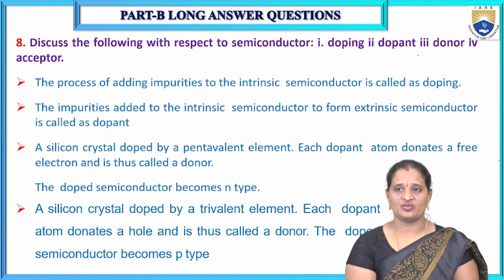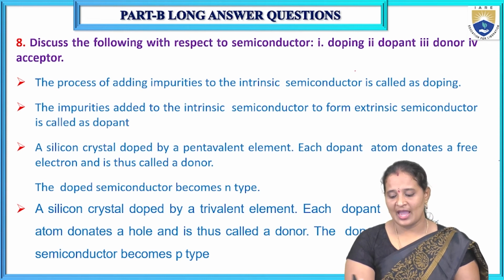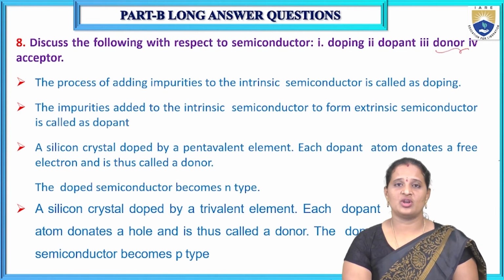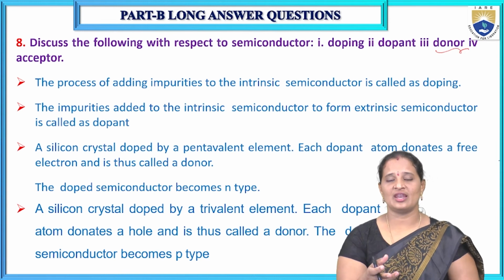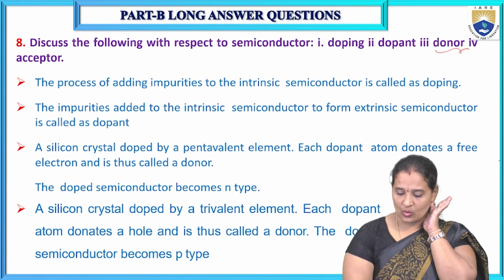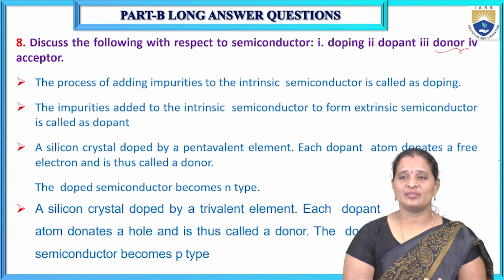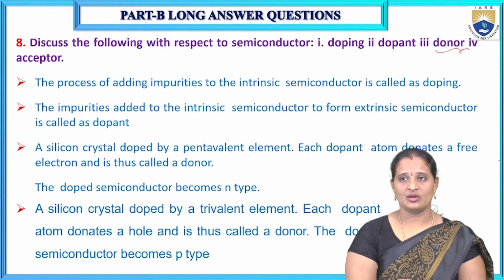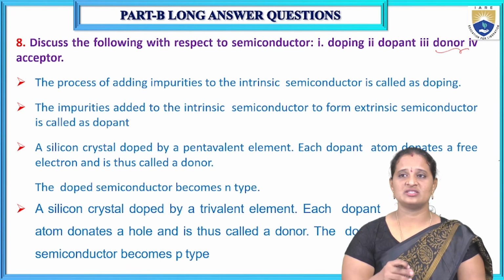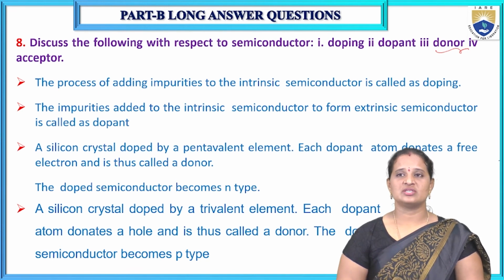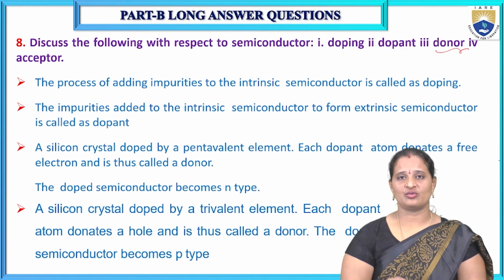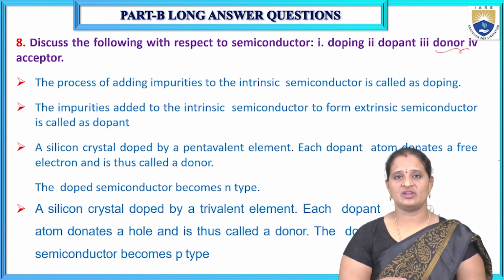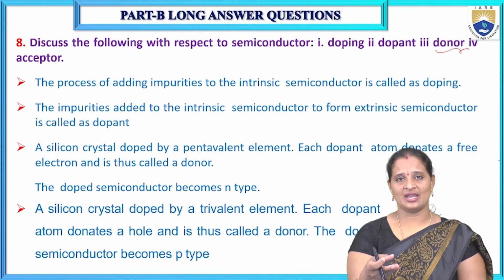What are the types of dopants that you can add? And donor. What is a donor? Donor means it is donating an electron. What kind of charge will be established on the donor atoms? And what is an acceptor? What kind of charge is established once it is accepting the electrons? Donor means donating an electron, so it becomes positively charged once it has lost its negative charge.